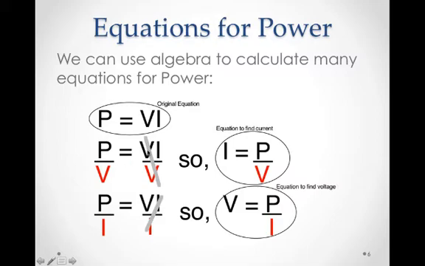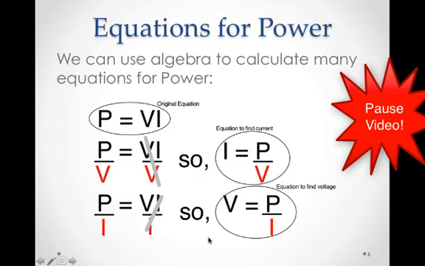If we divide both sides by the voltage, we can see that current is how much power is delivered divided by the voltage. And likewise, if I started with this original equation, but now I wanted to find out what the voltage was and knew the current, I could divide both sides by the current, and I could find voltage in terms of power and current. These equations could also be useful every once in a while.